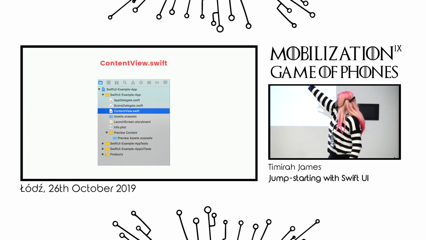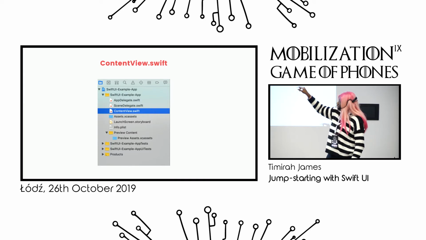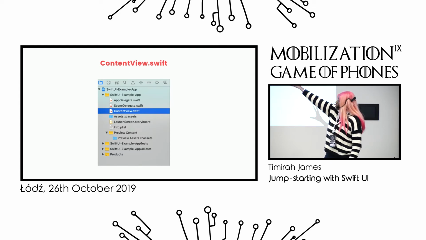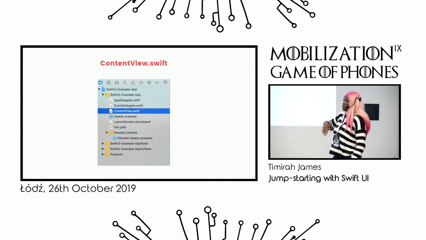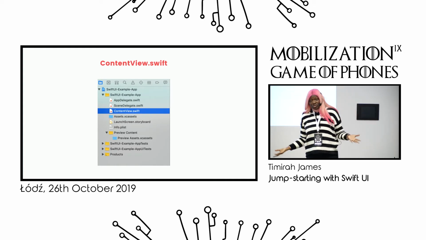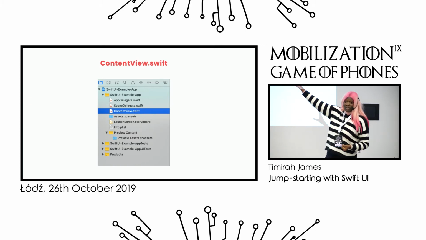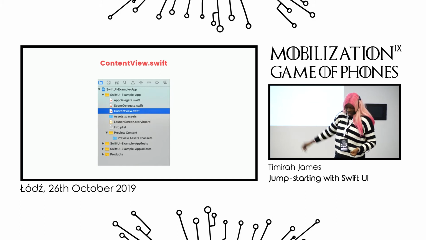You have the app delegate, the scene delegate, and then this content view. This is where we're going to be handling our view controller. This is equivalent to the initial view controller when we open Xcode. So it's just content view here, and this is where we're going to be focusing.